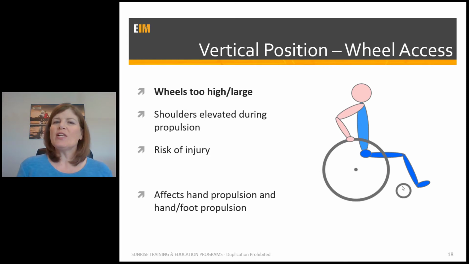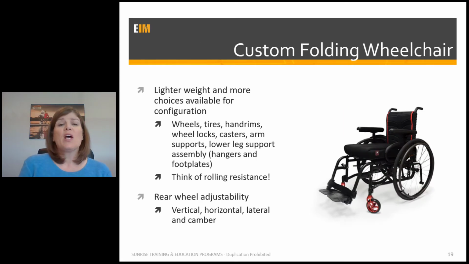So again, this is what we can achieve and think about when we're looking at standard wheelchairs. And then of course, we can also look at this in the other categories. But looking at the standard wheelchair, this is the adjustment that we get, really just essentially the vertical position. When we move to the custom folding wheelchair, we're moving to a category of wheelchair, as I said, which is considered ultra lightweight.